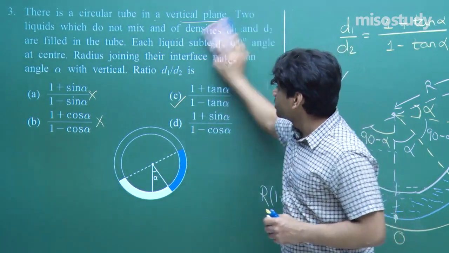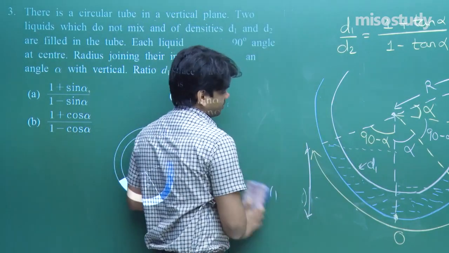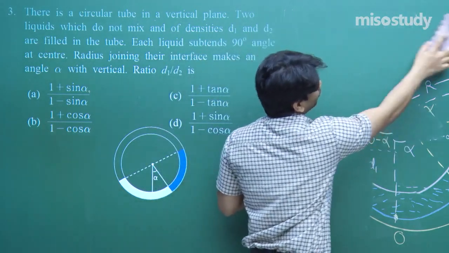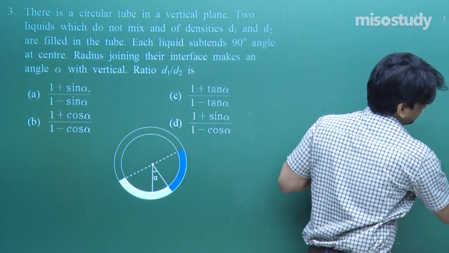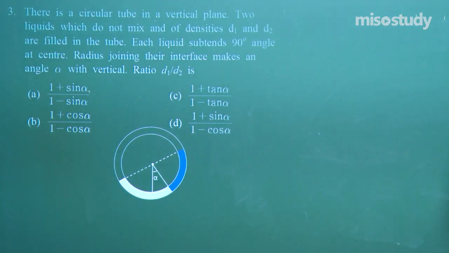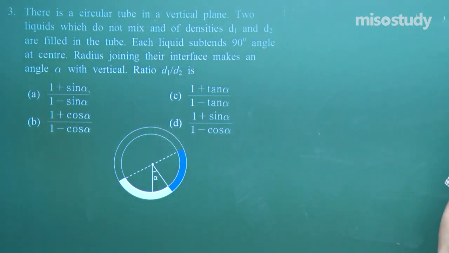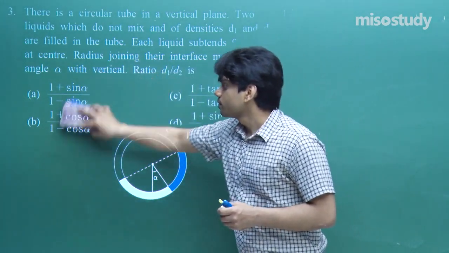Hope it's understood by everyone watching. Now I'm rubbing this, and I hope the question is clear to you all. Many good questions can be framed in this chapter, and concepts from other chapters can also be used to frame questions in this chapter.